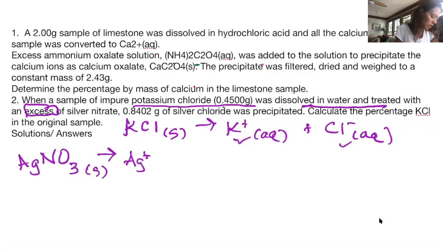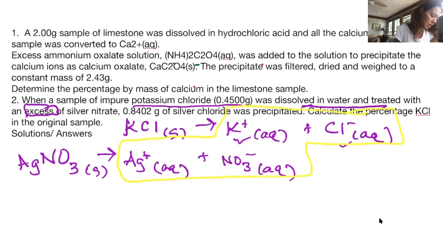So that gave us the silver ion in the solution and the nitrate ion in the solution, okay? So we have these 4 ions floating around in our solution.